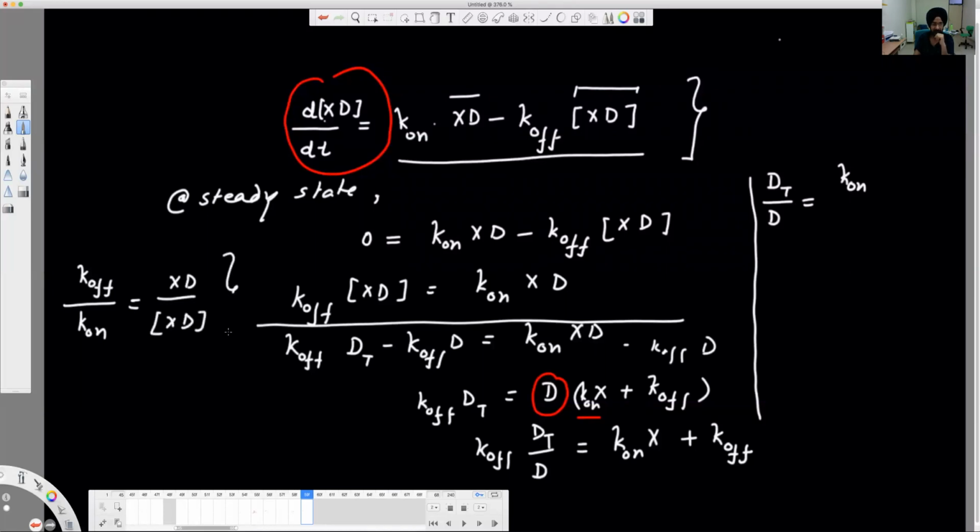Now this is a classic equation that I wrote just now. What is this? If you have this reaction in chemistry, what is this then?